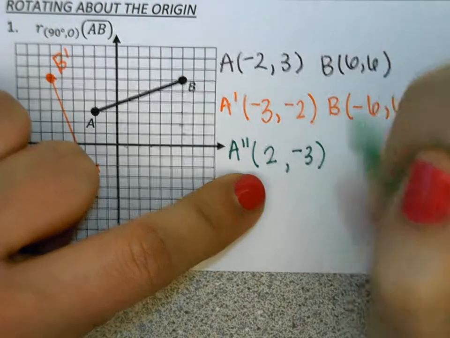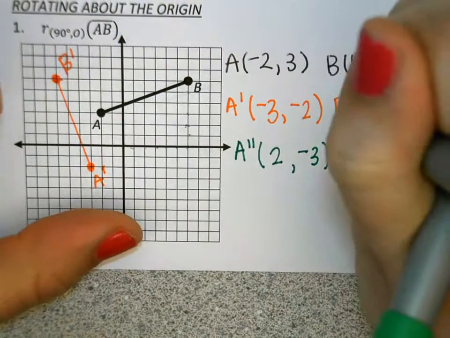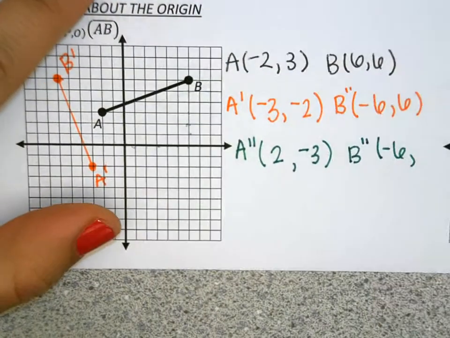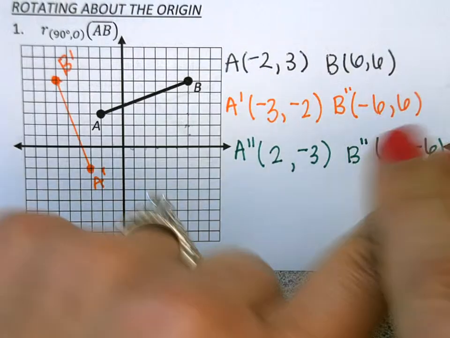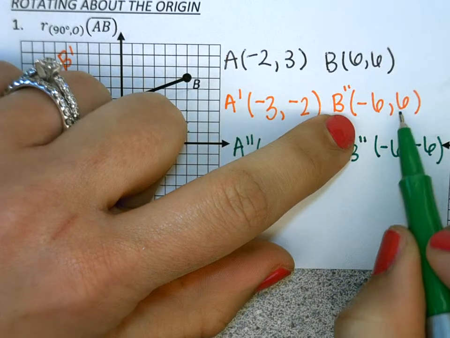What do you think will happen to B double prime? It will be -6 and -6. So if we flip-flop these, this -6 goes here, this goes here, and we take the opposite.